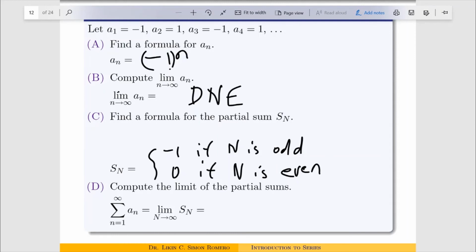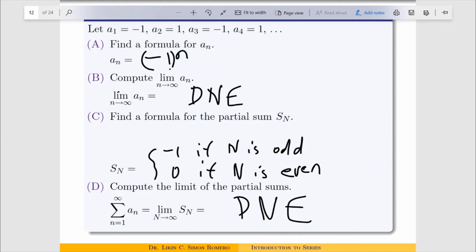And so now that we have a formula for the sequence of partial sums S of n, we can look at the limit of partial sums. And remember, the limit of the partial sums is what this series actually adds up to. Now, if we look at this limit, it turns out that this does not exist.